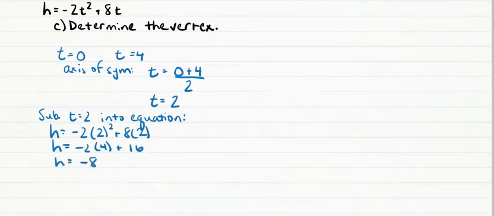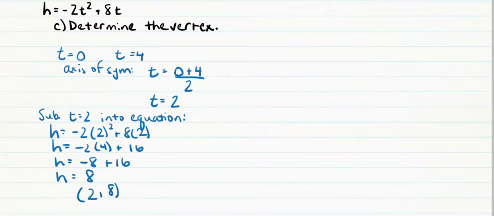So this is negative 8 plus 16. And so we get a height of positive 8. So the vertex is at 2 for the t value, comma 8 for the height value, the h value. So this vertex point tells us that the ball reaches a maximum height of 8 meters, and that happens 2 seconds after it's been kicked.